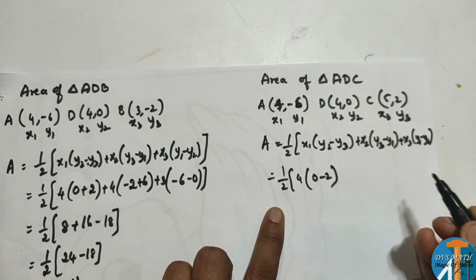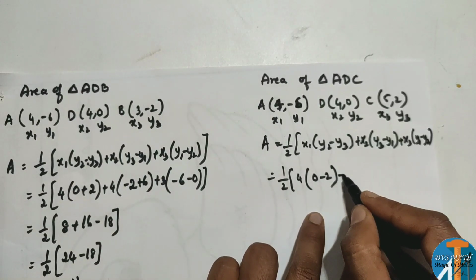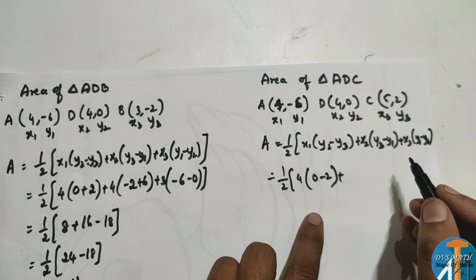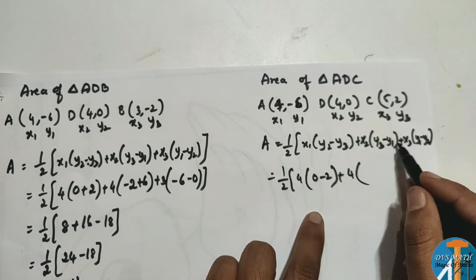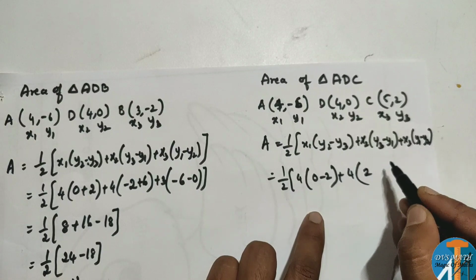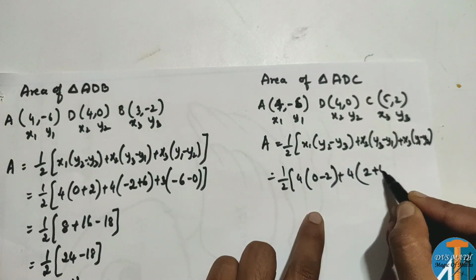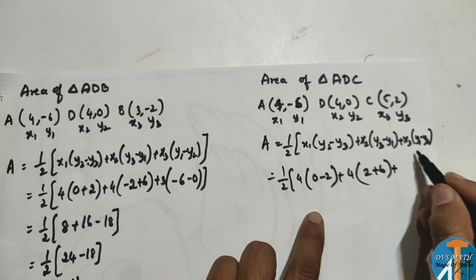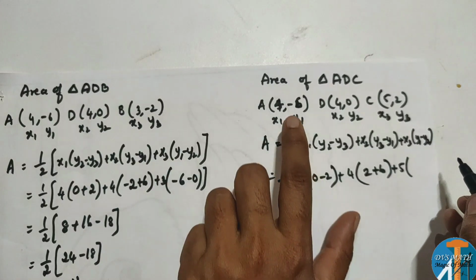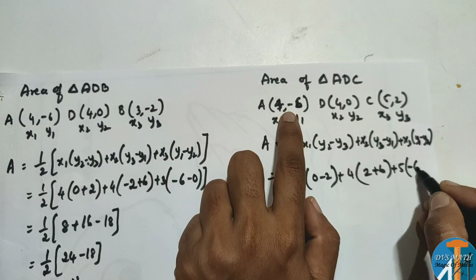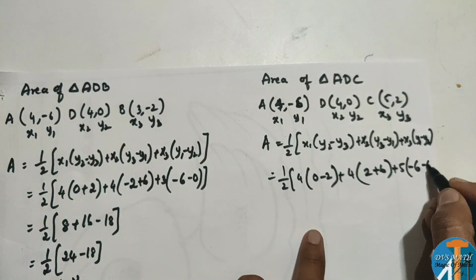Then plus x2, again 4. y3 minus y1: y3 is 2, y1 is minus 6, minus into minus is plus 6. Then plus x3, which is 5. y1 minus y2: y1 is minus 6, so minus 6 minus 0.